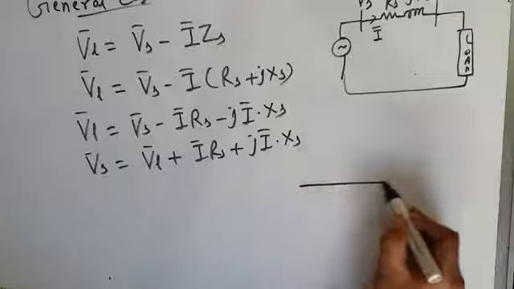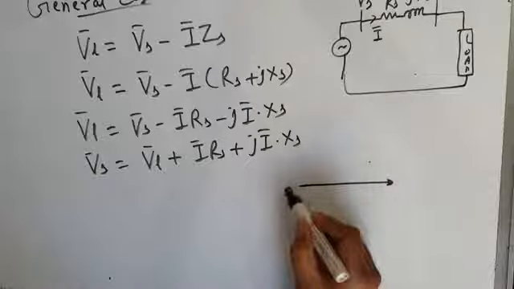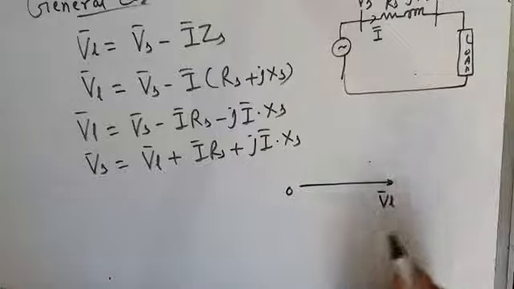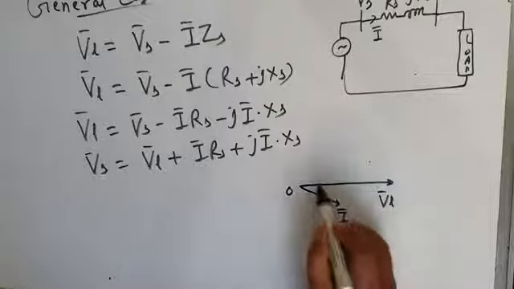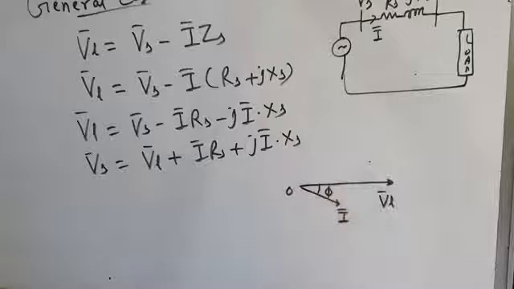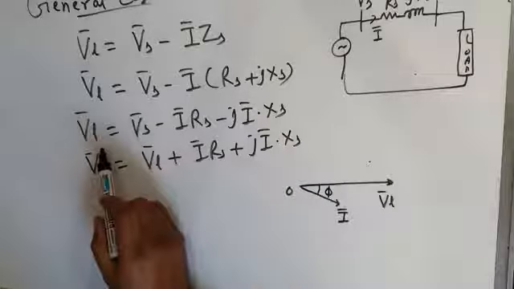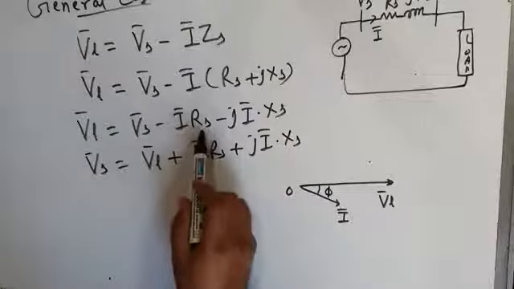Taking load voltage phasor as reference, this is load voltage phasor VL. Let us suppose this is the load current I. It lags behind the load voltage by phi. Now what is load voltage equal to? It is source voltage minus I into Rs drop.